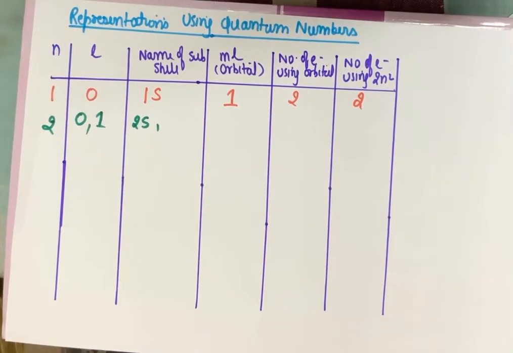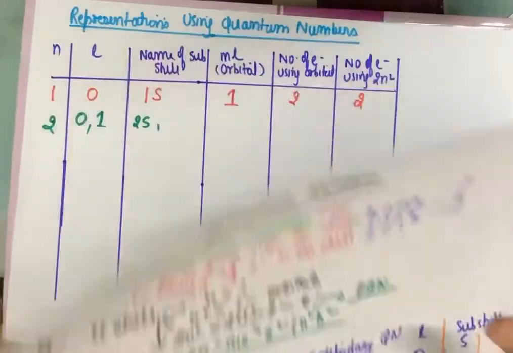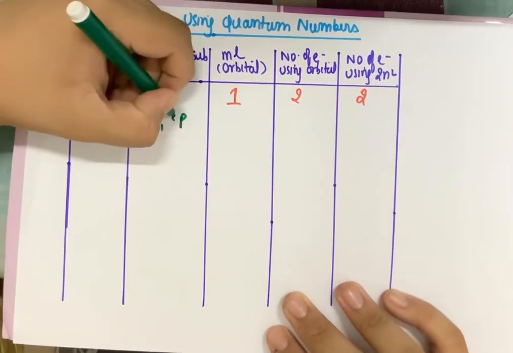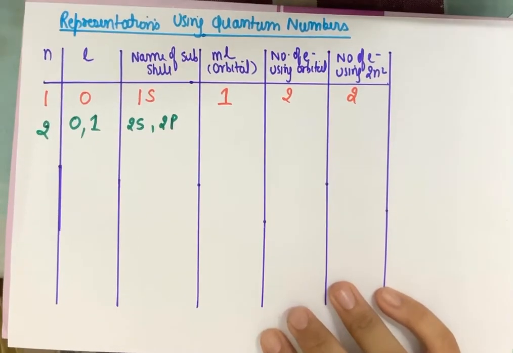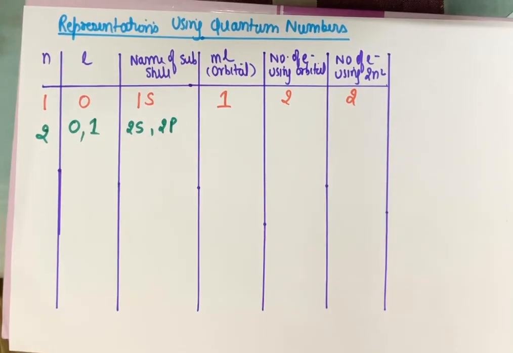I'll just show you the sheet of my previous video where I have done this. You can understand the naming of subshells from here. So 1 is P and I'll write the n here. It will become 2P. So 2 subshells are possible here. Orbitals: the number of orbitals is 2L plus 1.